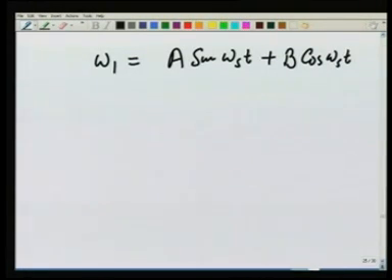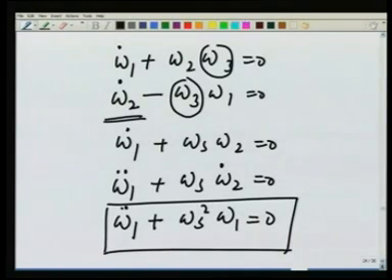Similarly, I can determine omega 2 either by differentiating again and solving the same equation, or from this equation.